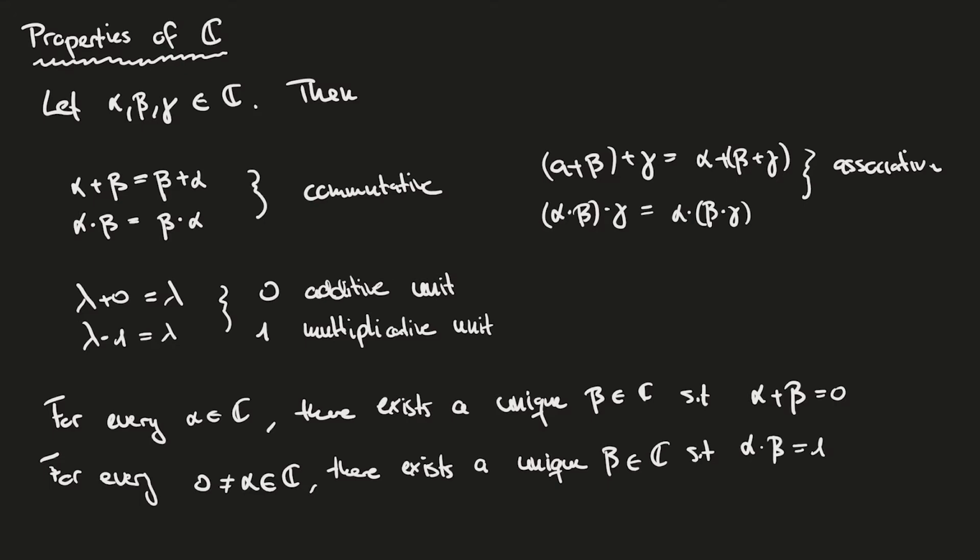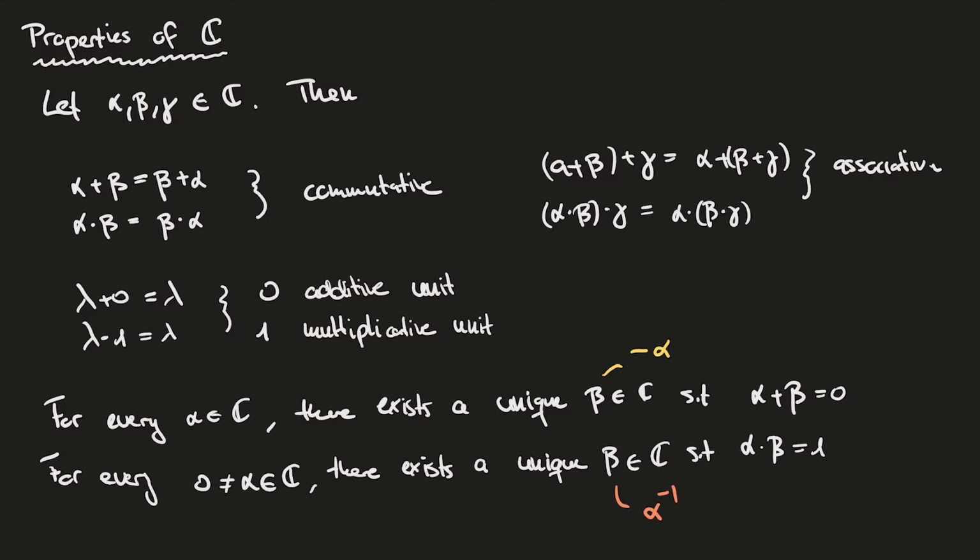And this is the multiplicative inverse of alpha. So we'll denote the unique additive inverse of alpha just by minus alpha. And similarly, we'll denote the unique multiplicative inverse of alpha by alpha to the power minus 1.